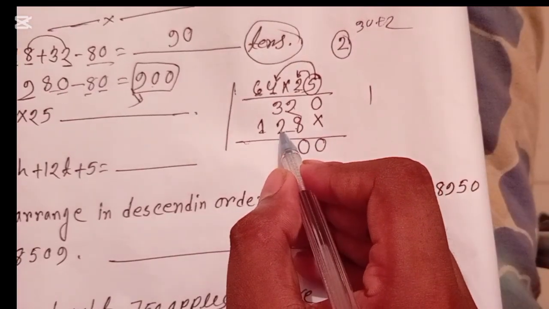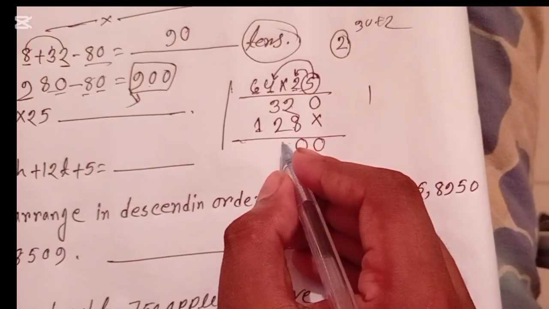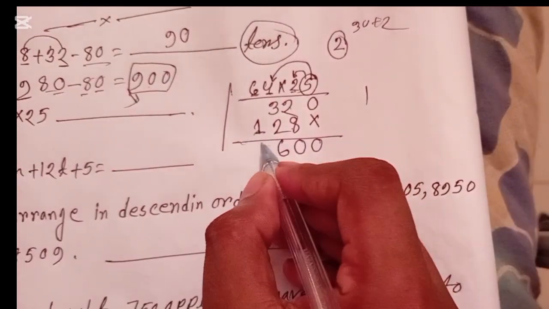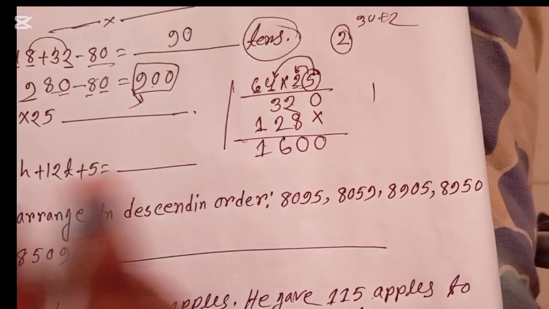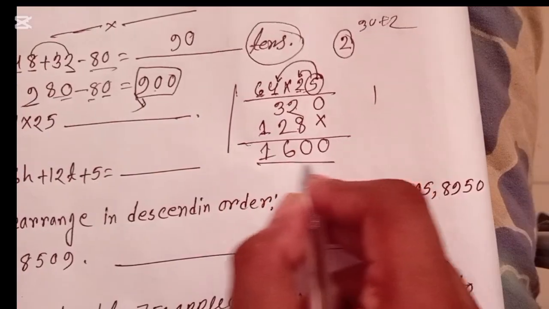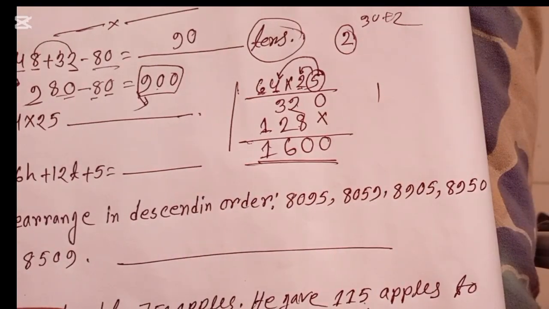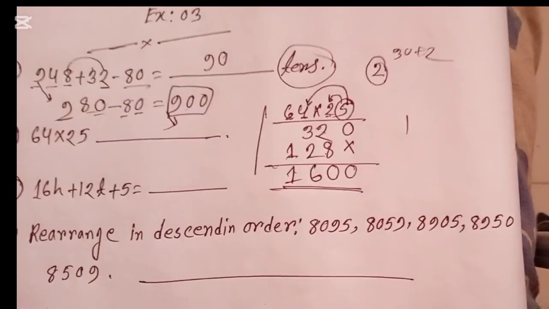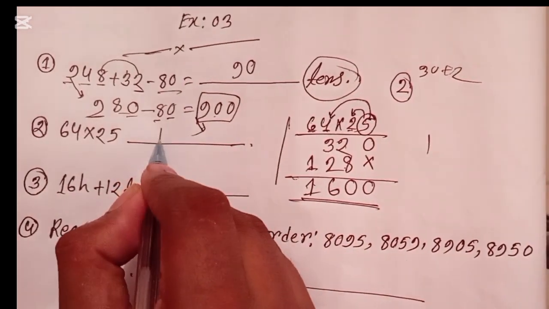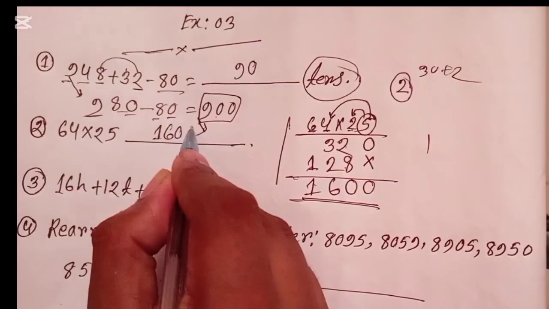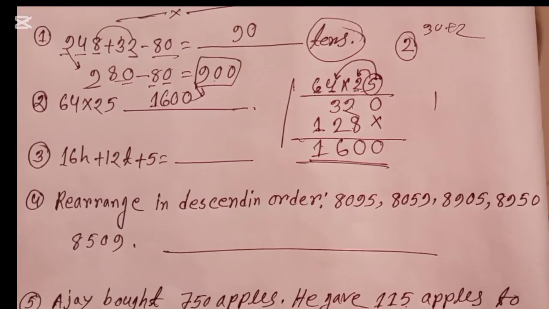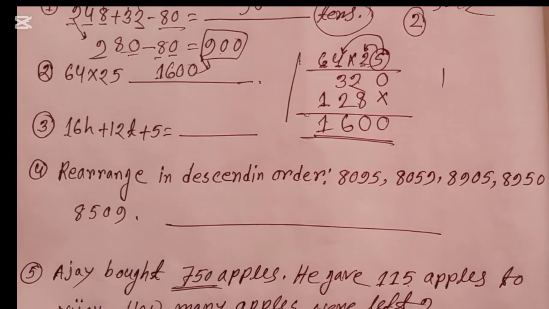Then 2 and carry 1 will be 3, and 3 and 3 is 6, and bring down this 1. So our final answer is 1600. So 64 multiplied by 25 will be 1600.